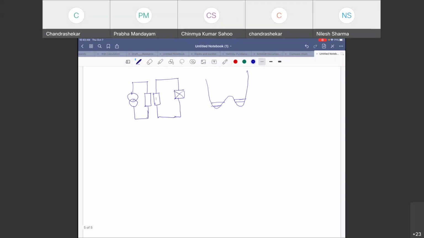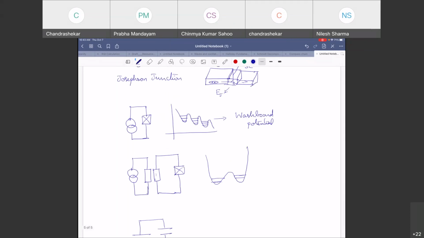But the most popular one is the charge qubit. In the charge qubit, a voltage is connected to a capacitor, and the capacitor drives the electrons across the Josephson junction.